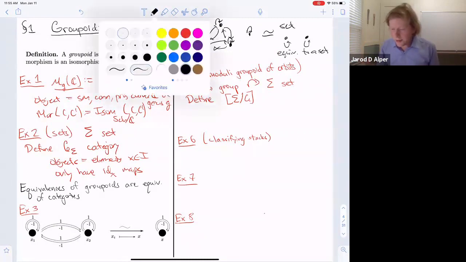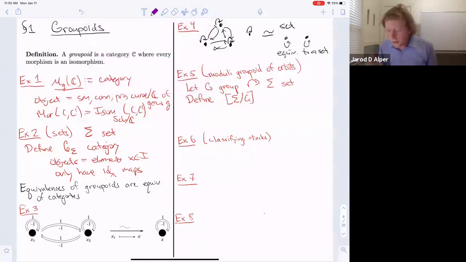And now, moving on. One very important example of a groupoid coming from geometry is the moduli groupoid of orbits. Here, G is just an abstract group acting on a set.